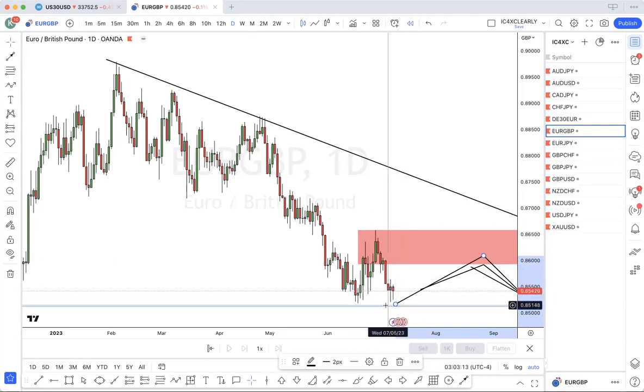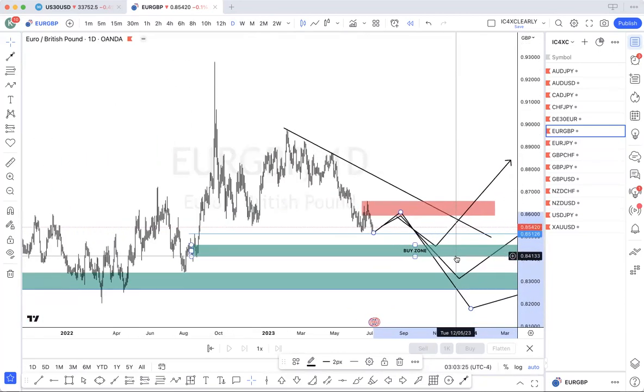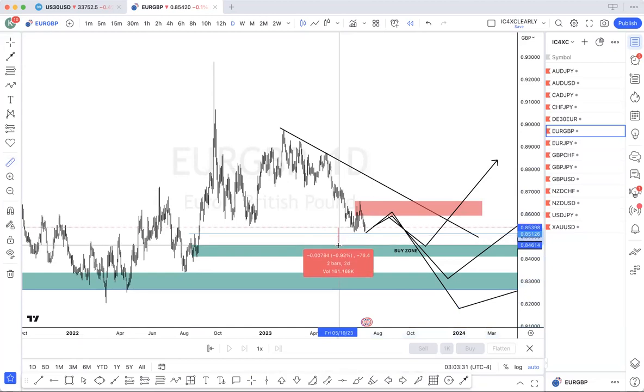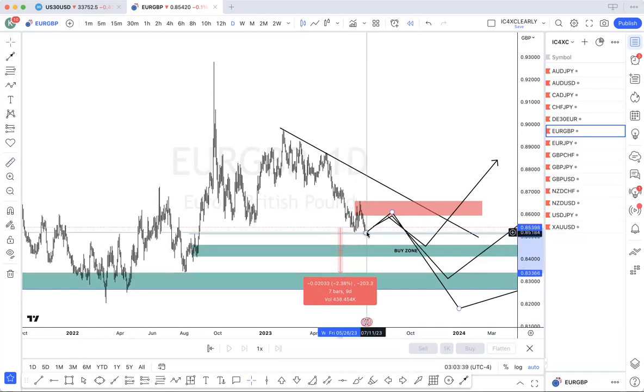It may tap into this zone right here, which was a fill of an imbalance, then pull back and then continue selling down. But you have approximately 78 pips or 200 pips for it to continue selling.